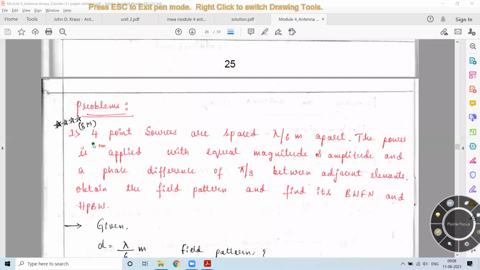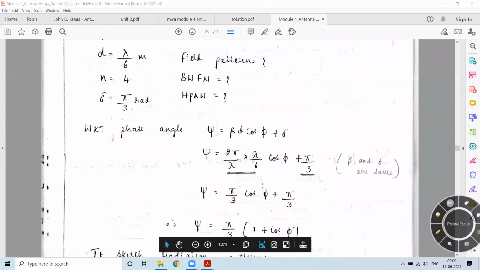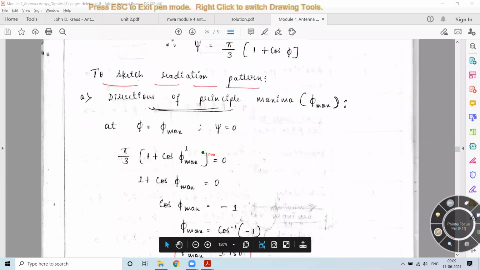So in yesterday's discussion, we were solving one of the problems in which we came across one aspect that we were missing. In yesterday's problem, we missed out one calculation. First, we estimated the direction of the maxima, that is the peak values.